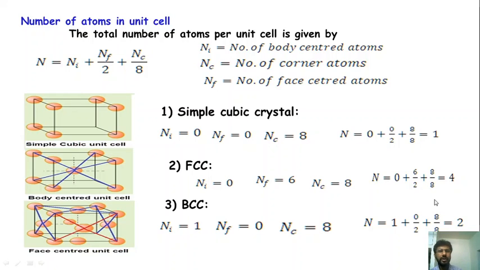Therefore there are 4 atoms per unit cell in an FCC structure.